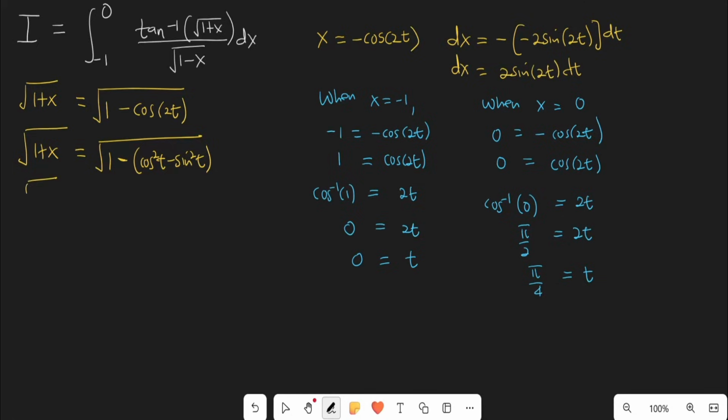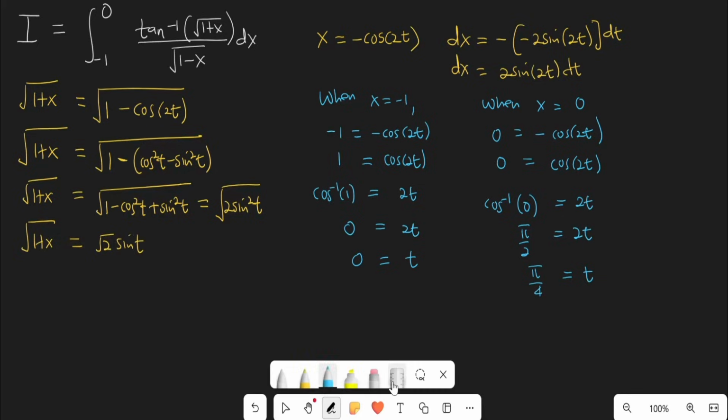So the square root of 1 plus x is equal to the square root of 1 minus the cosine square of t plus the sine square of t. That is distributing in with the negative. And now from the Pythagorean identities, 1 minus the cosine square of t is the sine square of t. So sine square of t plus sine square of t is 2 sine square of t. So the square root of 1 plus x can be replaced with the square root of 2 times sine of t.